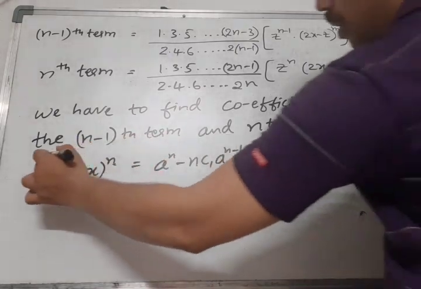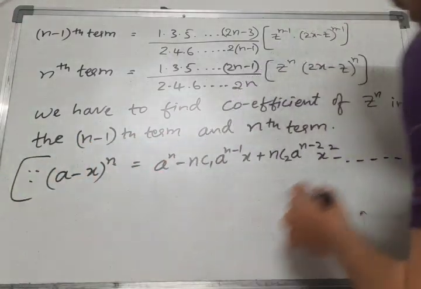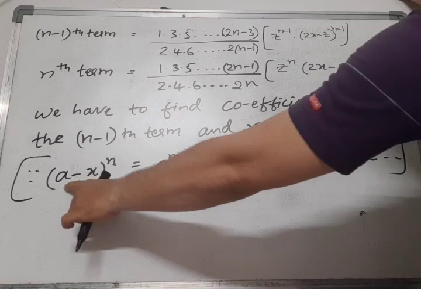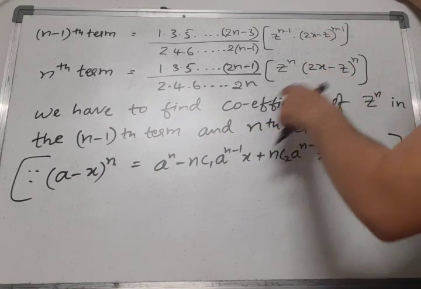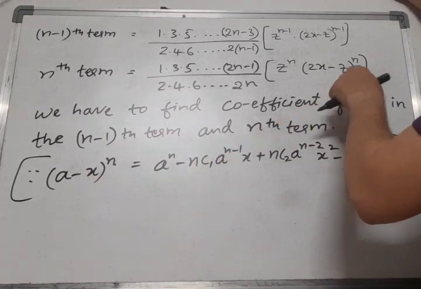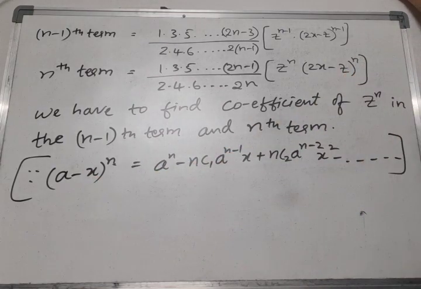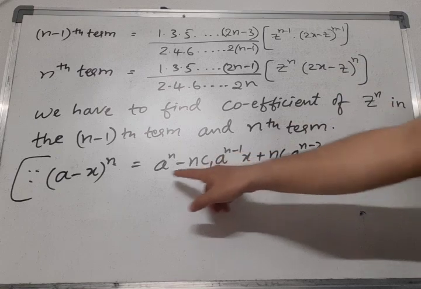This is our formula. Now in the place of a we have 2x, and in the place of x we have z. So we have to substitute these values in these terms.